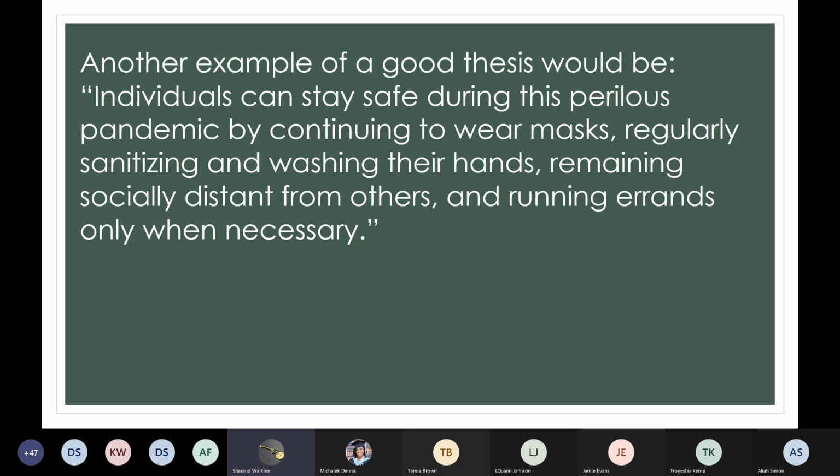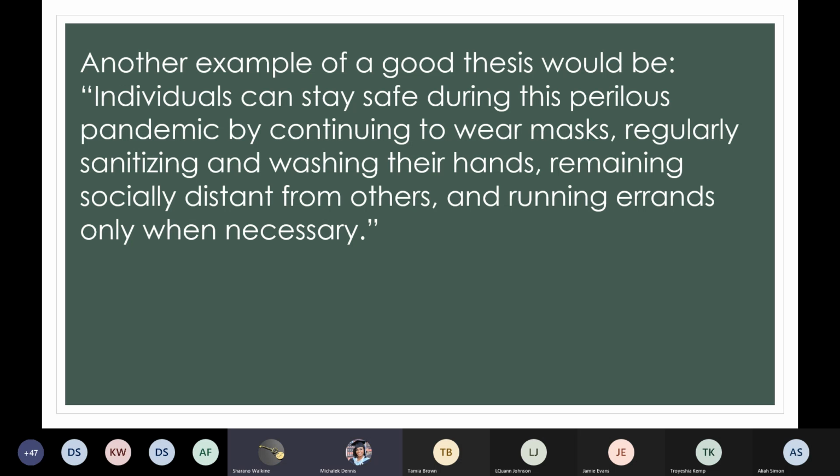thesis and your introductory technique, your hook sentence. Then the 4 body paragraphs with topic sentences. The first paragraph of the body would be talking about the importance of wearing masks, or how wearing masks can keep us safe. The second paragraph of the body would talk about sanitizing and washing your hands regularly.